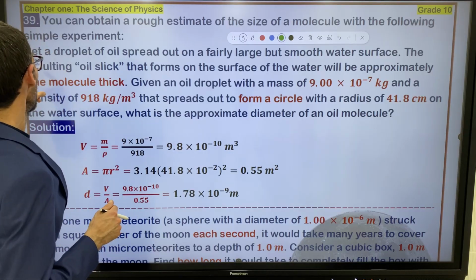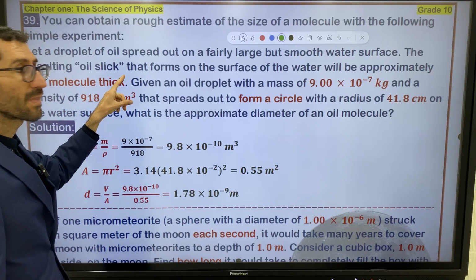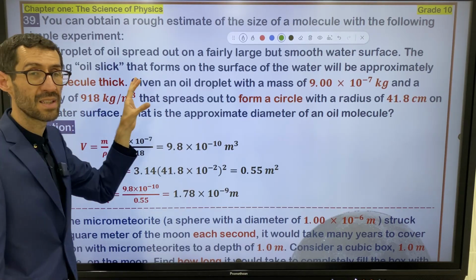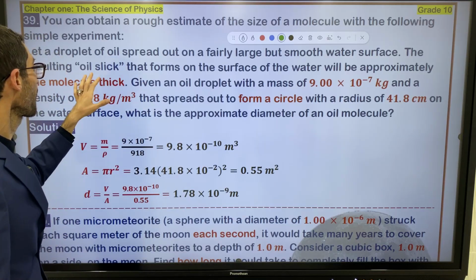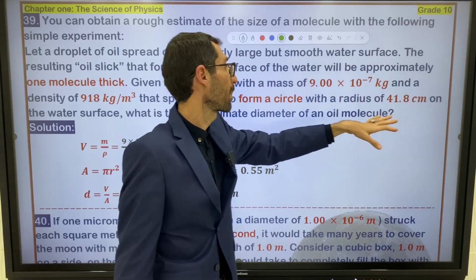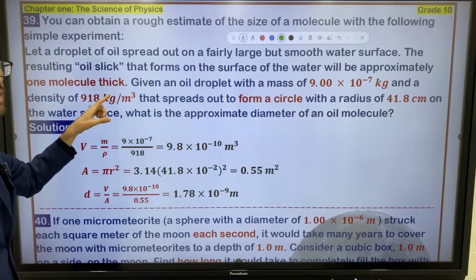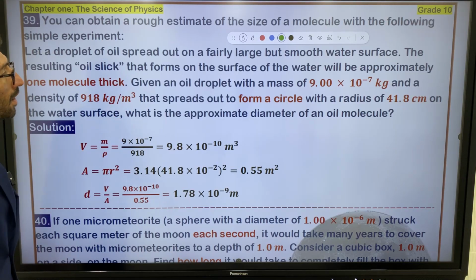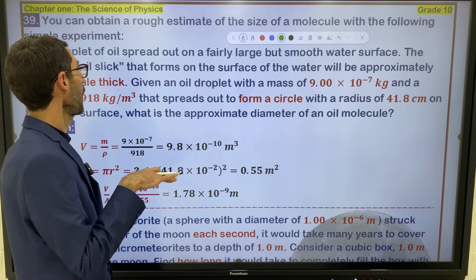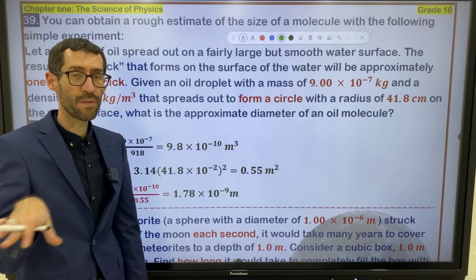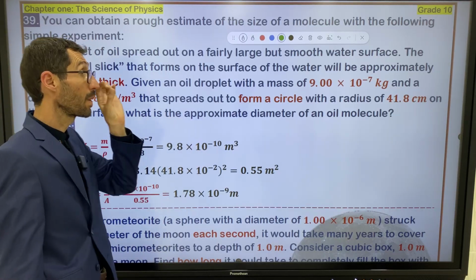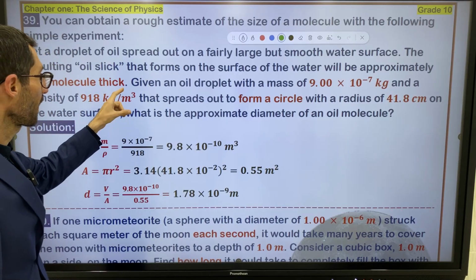It says the resulting oil slick, let's say oil spot, that forms on the surface of the water will be approximately 1 molecule thick, right? So I can say the oil covers the surface of water, and the thickness of oil is 1 molecule thick.